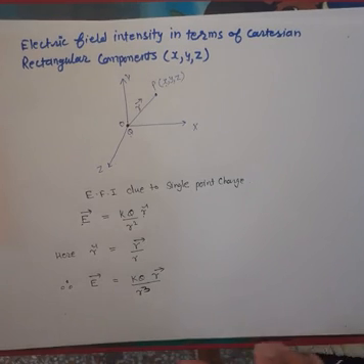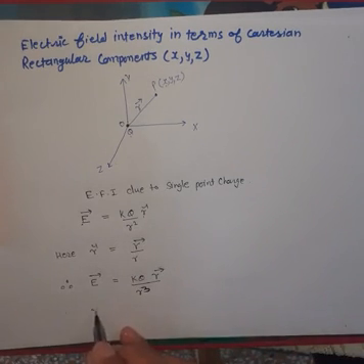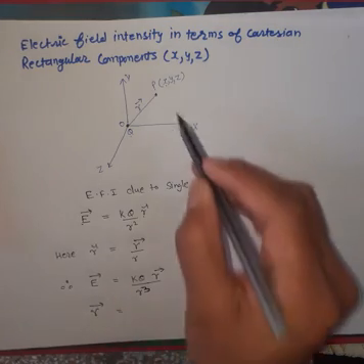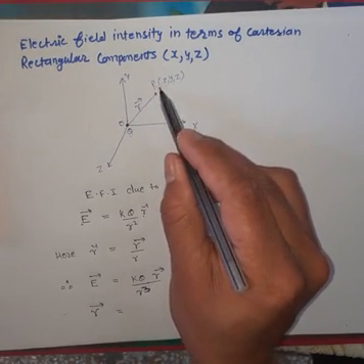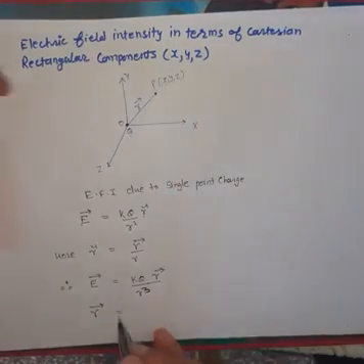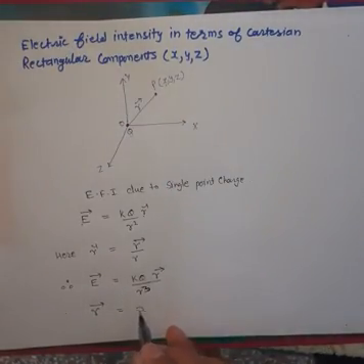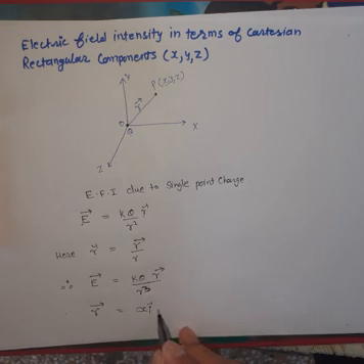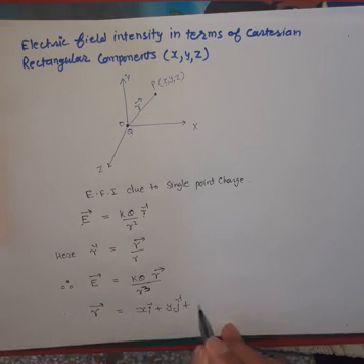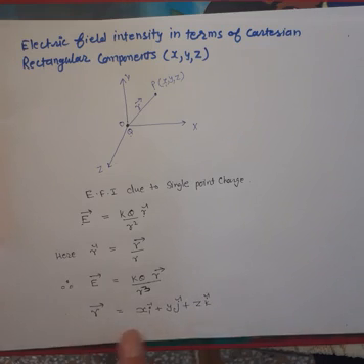Now here this r vector is the position of this point P. In three dimensions we can write its position: in the x-axis it is x i unit vector, plus in the y-axis it is y j, plus in the z-axis it is z k. So we have the position in three dimensions.